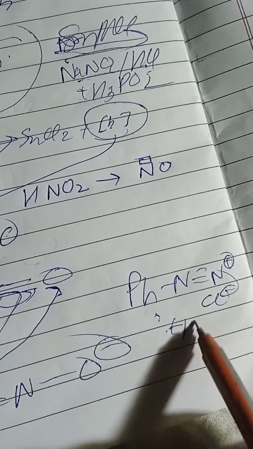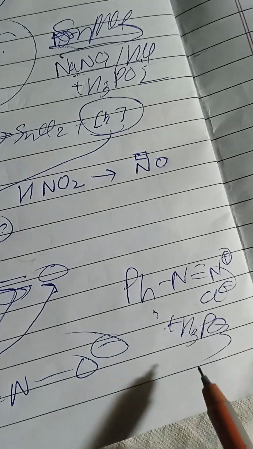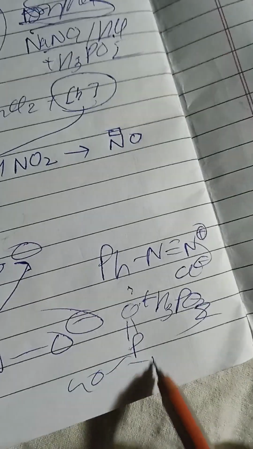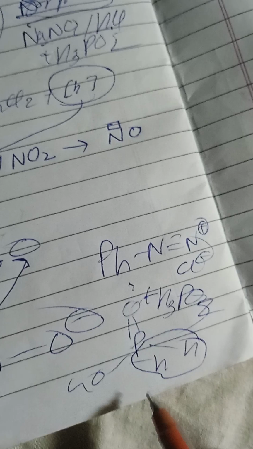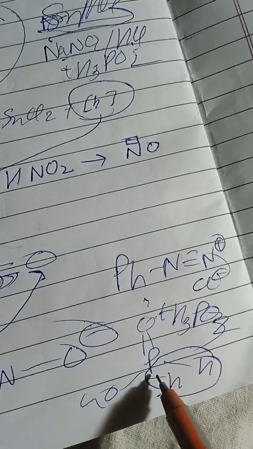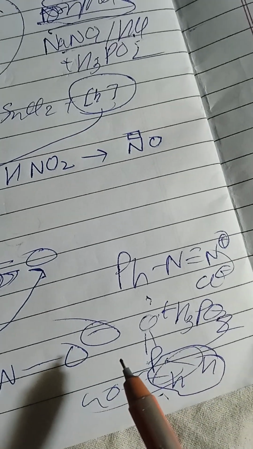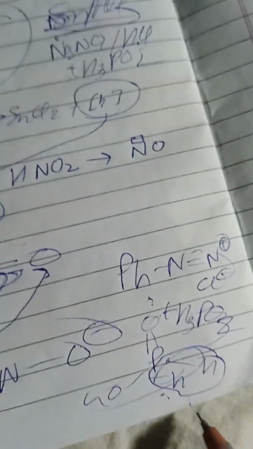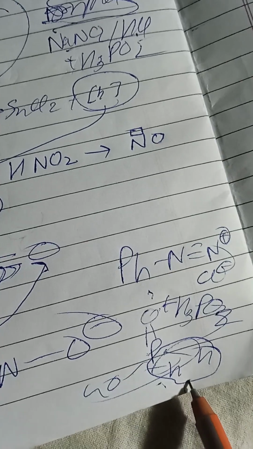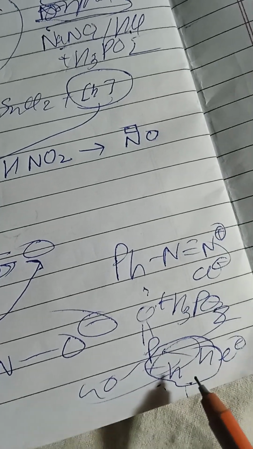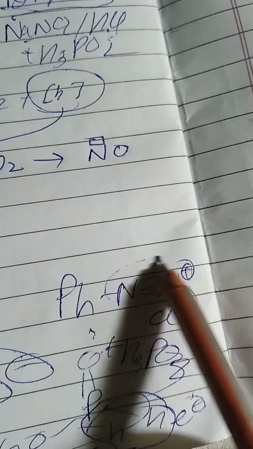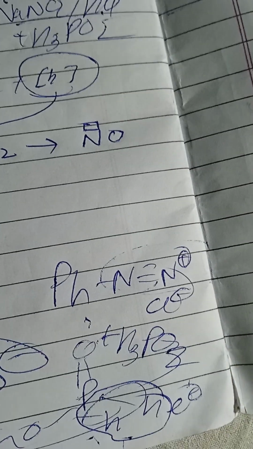Next thing is adding H3PO2 to it. Now H3PO2, if we draw its structure, it looks like this. These are H which are oxidizable. That means it's a good reducing agent. Now let's see what's the oxidation state and all of that. It is a reducing agent, which means it can give electrons, right? And here what is happening? This is a very strong minus I group effect.